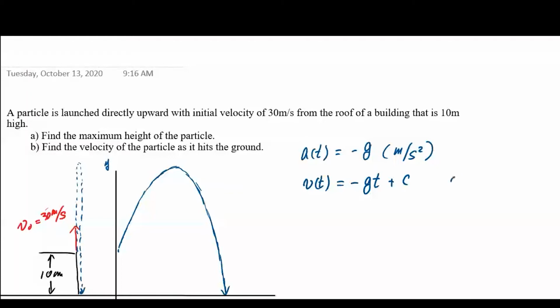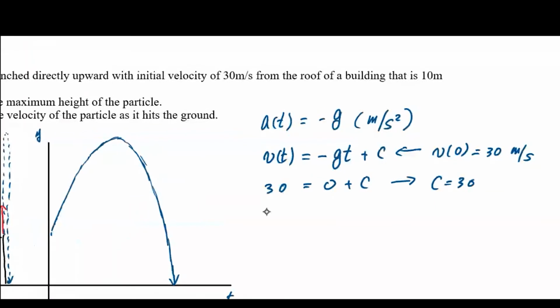The initial condition is V, originally when time is equal to 0, is 30. And then we substitute that in. With me? So what we have is this side becomes 30, and this thing becomes 0, right? t equal to 0 plus C. So that gives us that C is equal to 30. So far with me?